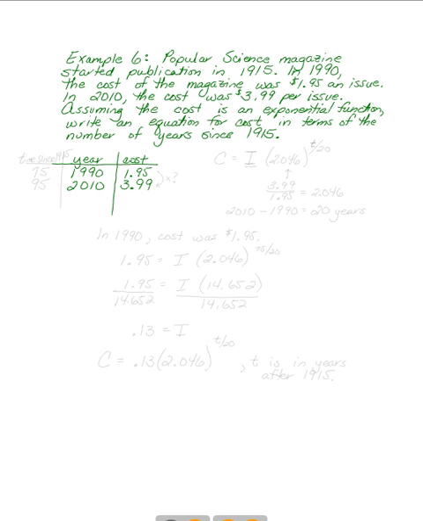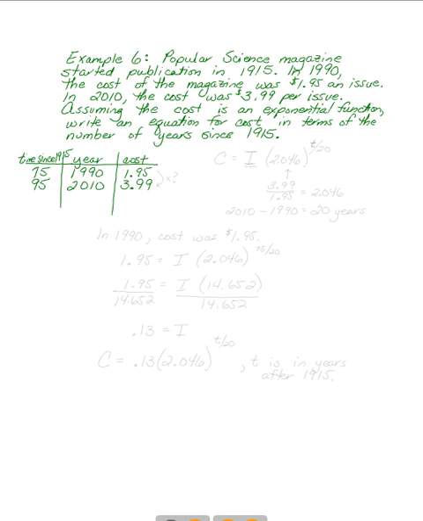What we want as our input is time, so let's go back in our table. So this is actually time since 1915. And so if we look at the time since 1915, 1990 is actually year 75, and 2010 is actually year 95 after the year 1915. So if we take 2010 minus 1915, we get that 95 years have gone by.